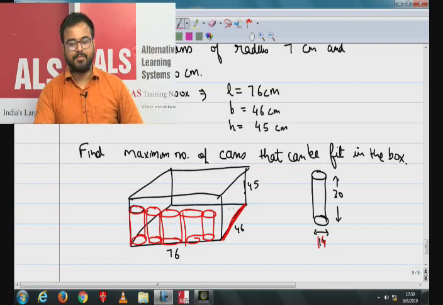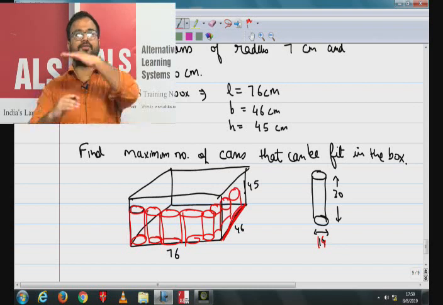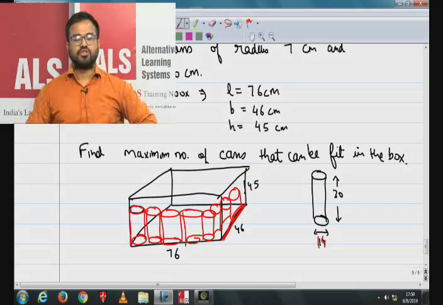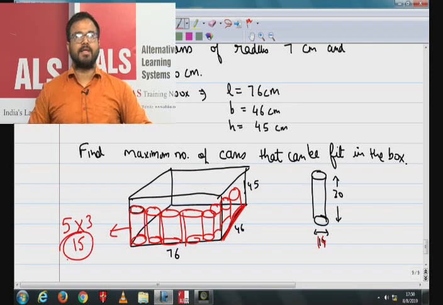So 3 we can put, 1, 2 and 3. So we see 5 in the front row, and 5, 5 and 5. So total on the bottom it is 5 into 3, 15 cans can be placed.